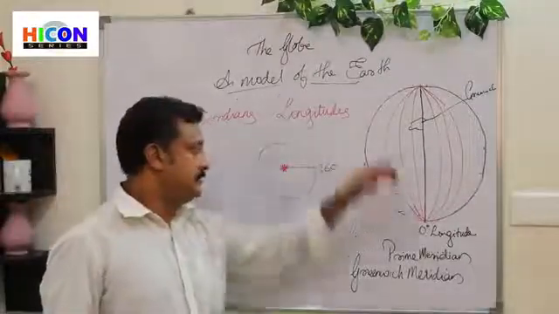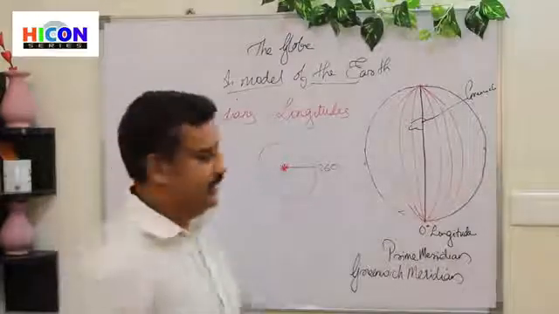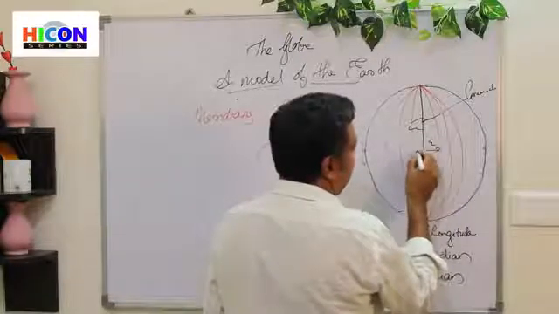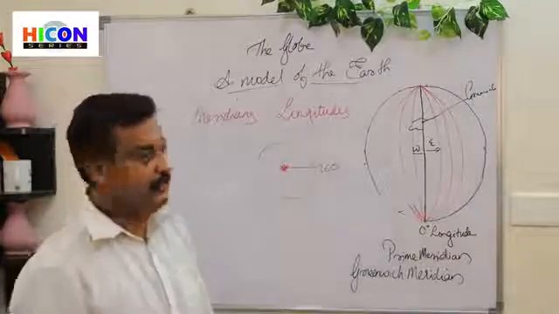Okay, so that is why this is known as the Greenwich meridian or the 0 meridian, and from here this is considered the eastern part and this is considered the western part.